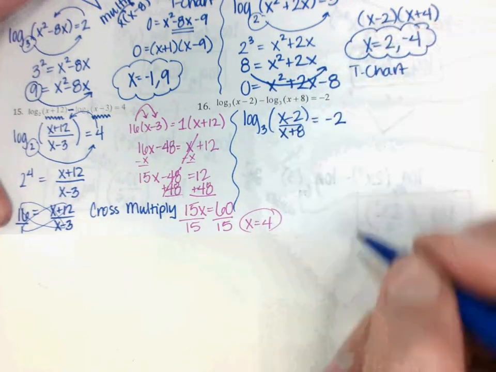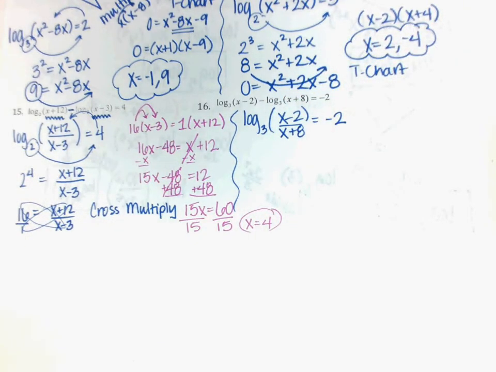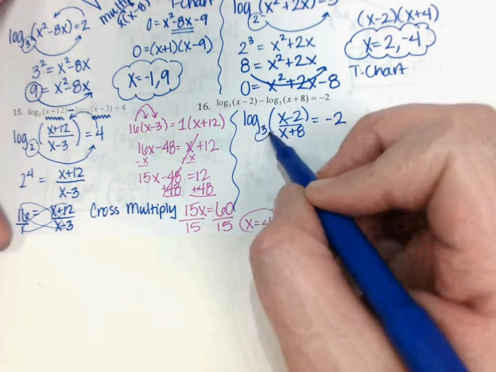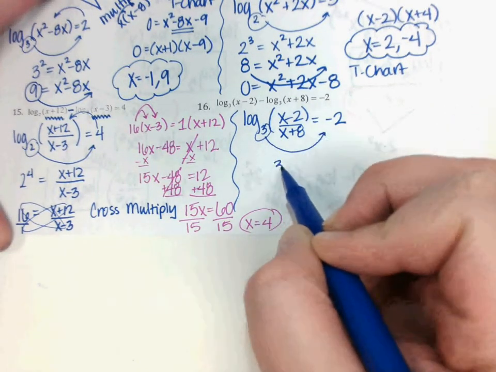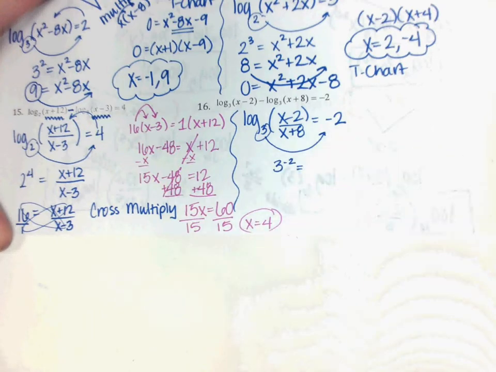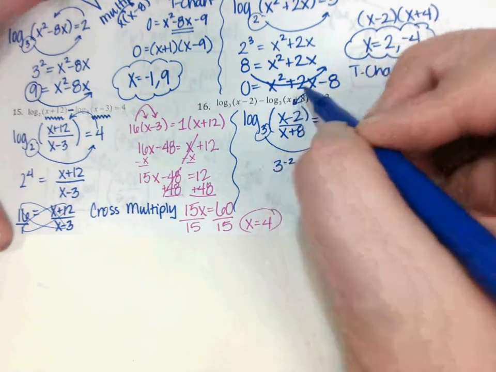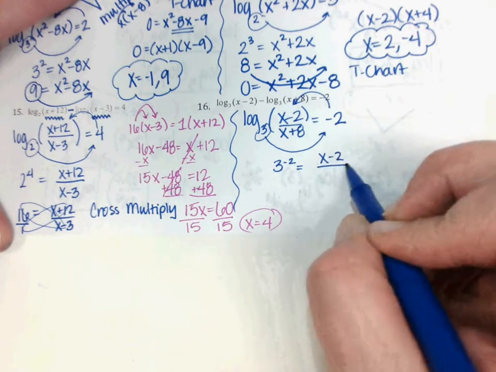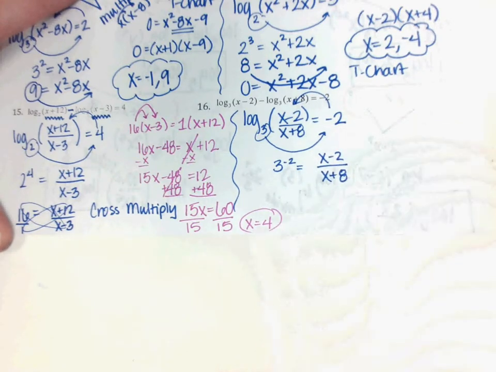Now this time, my exponent on the other side is negative. So hopefully you remember how to do it, but if you don't, we're going to review it right now. So where does my loop start? 3 to the what? Negative 2 equals. Then I bring it back around and I get my fraction x minus 2 over x plus 8.